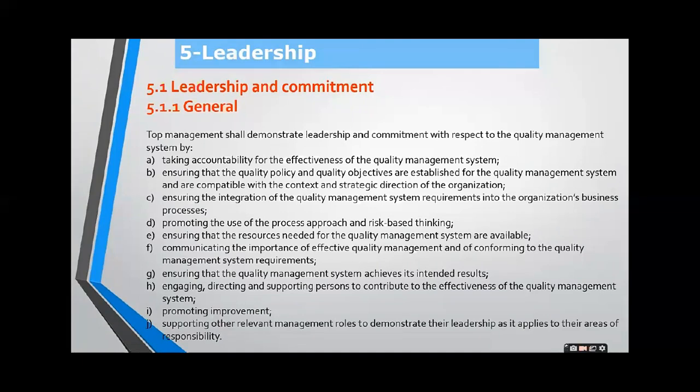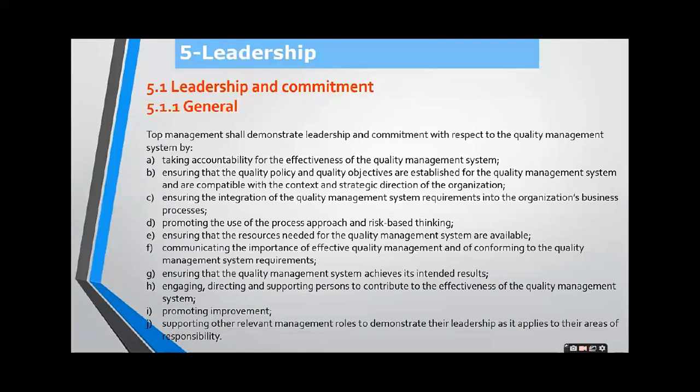The top management should also integrate the quality management system requirements into the organization's business processes, ensuring a seamless connection between quality and overall operation. On the other hand, I would also suggest that clause number 5.1.1, the general clause, encourages the use of the process approach and risk-based thinking to enhance the effectiveness of the quality management system.